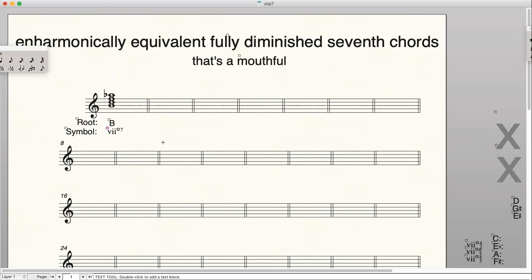The easy way to do this is to look at the root of the chord, which here is B, and it's always going to be a half step below the key that you would tonicize. So in this case, we would tonicize the key of C with this chord, and it would sound like this.